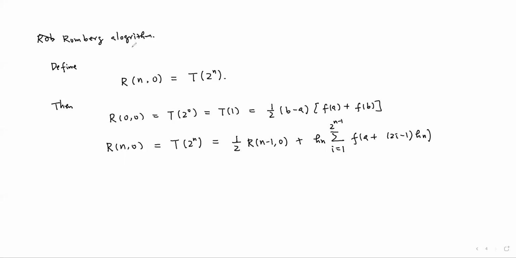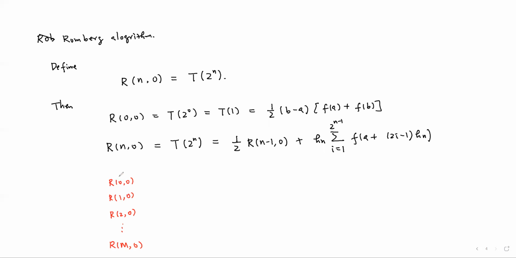The Romberg algorithm is a triangular array. It is R(0,0), R(1,0), R(2,0), then say R(M,0).